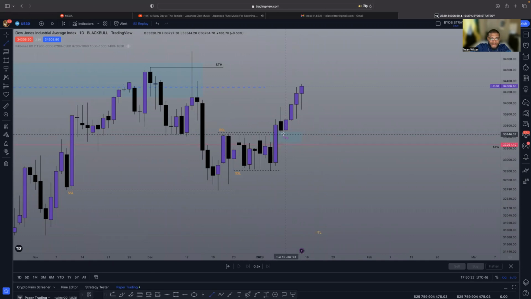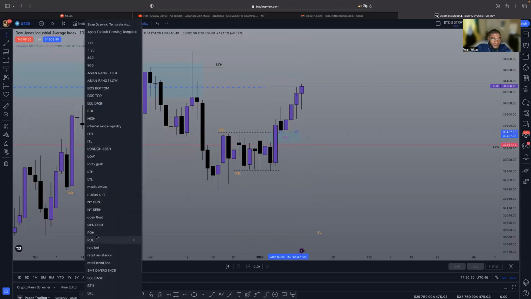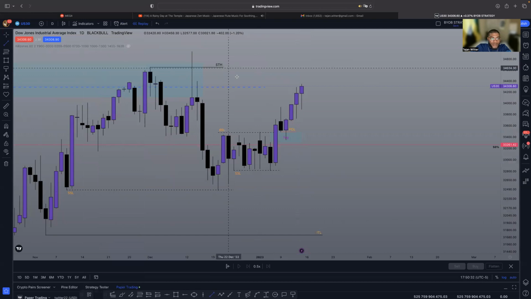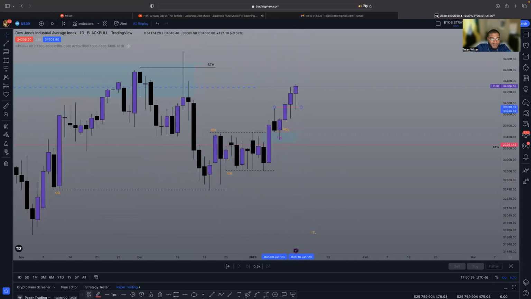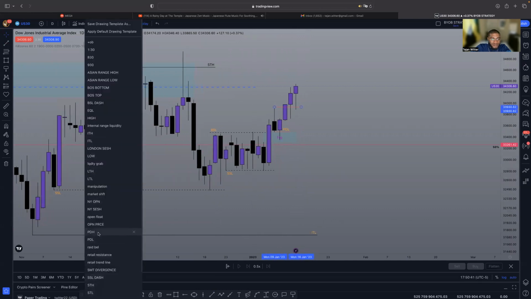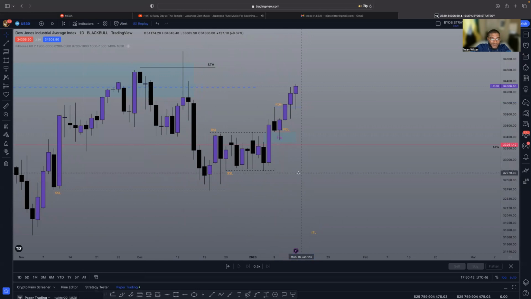Now, this previous day's low was taken, which was also the low of that fair value gap. And then we have our previous day's high right here. Cool.